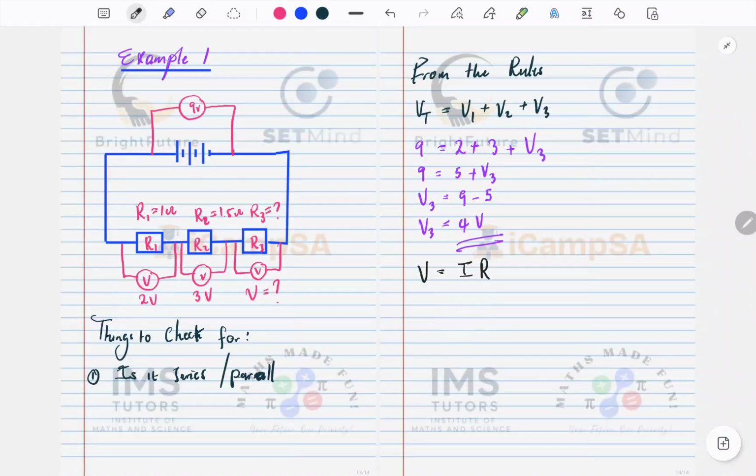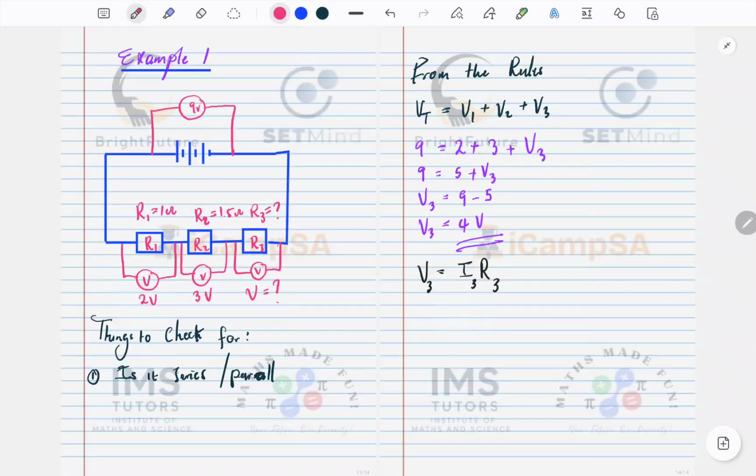We already have V as 4 for V3, so this is V3 equals I3 R3. Now we have introduced I, which we don't know in this case. What is I? We can calculate I for any of these resistances.